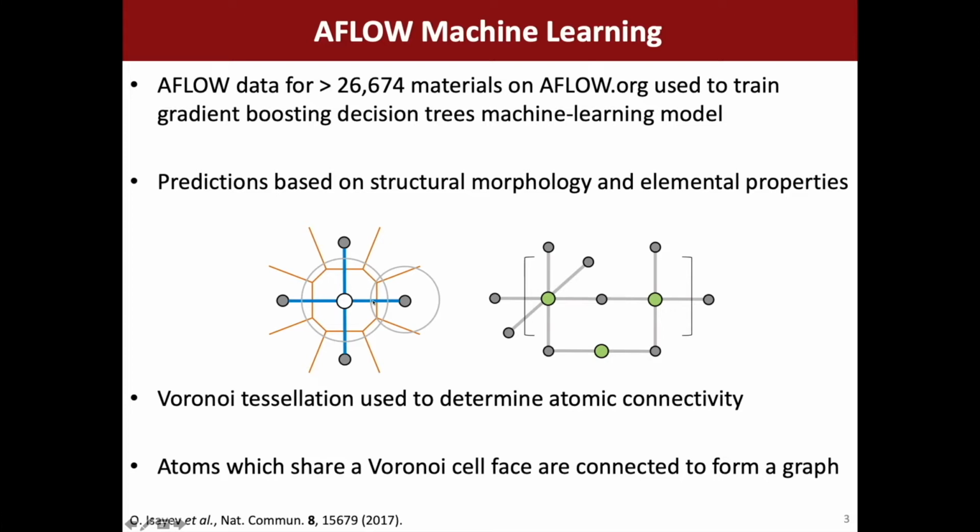For each atom, you do this for all the surrounding atoms, and in this way you build up what's called a Voronoi cell. If you do this for all the atoms, this is a Voronoi tessellation and it splits up the material. Then if the Voronoi cells for two atoms share a face, those two atoms are considered to be connected, so they're considered to be bonded in chemical terms. All these atom connections then form what we call a crystal graph.